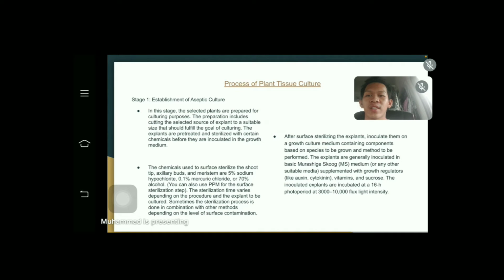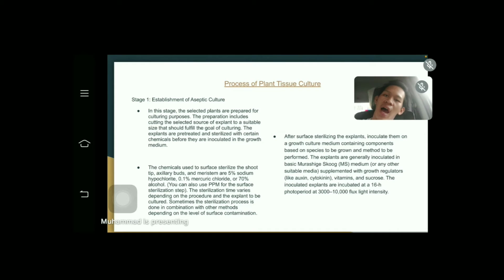After surface sterilizing the explant, inoculate them on a growth culture medium containing components based on the species to be grown and the method to be performed.